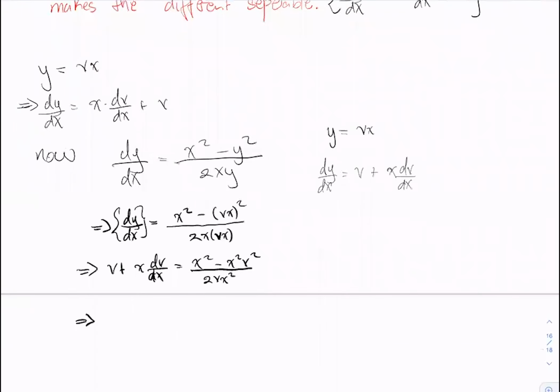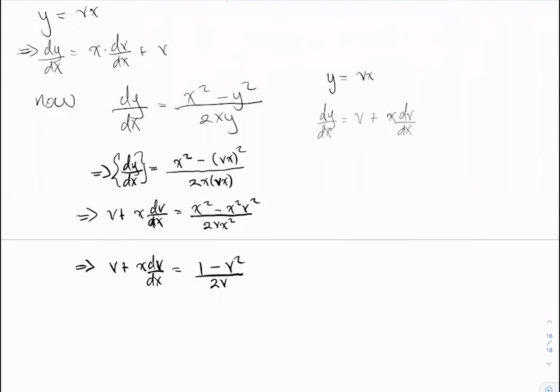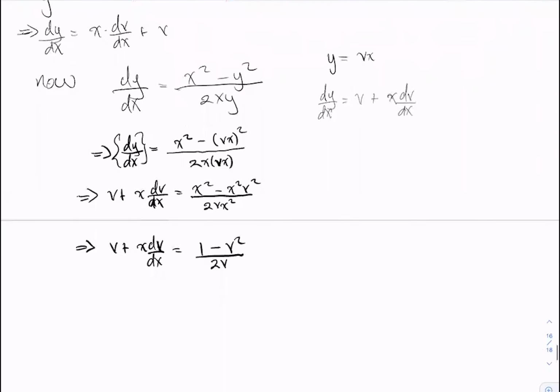So this then means that v plus x dv dx is equal to 1 minus v squared divided by 2v. Are you guys with me? Nice. So we then want to transpose to make dv dx the subject here. Or rather, we're trying to separate this, we're trying to show that this differential equation is now separable. So after making the substitutions, you manipulate your differential equation into something that is separable.